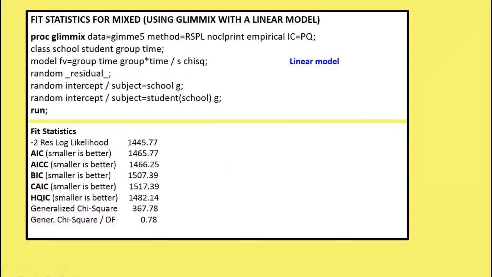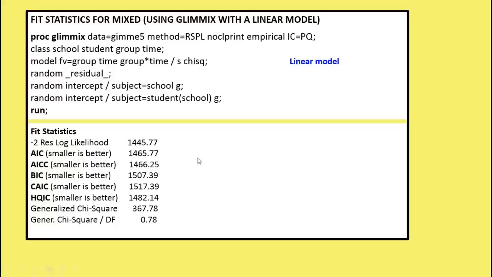Now, if you're using GLIMMIX with a linear model, then you not only get AIC, AICC, and BIC, you also get something called CAIC and HQIC and some other ones. But the last one here, HQIC, and I think I've mentioned this before, what does the Q stand for? Quasi likelihood, right? So that's typically the measure you want to use if you're using a nonlinear model.